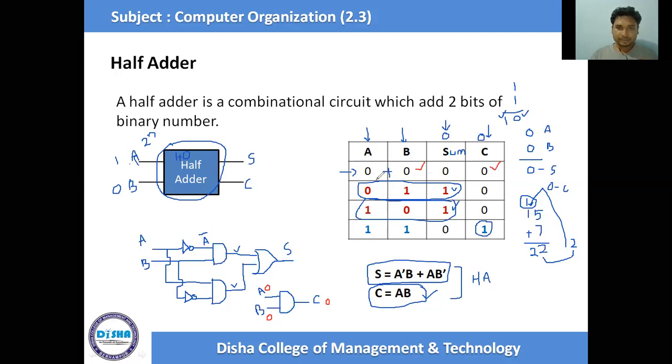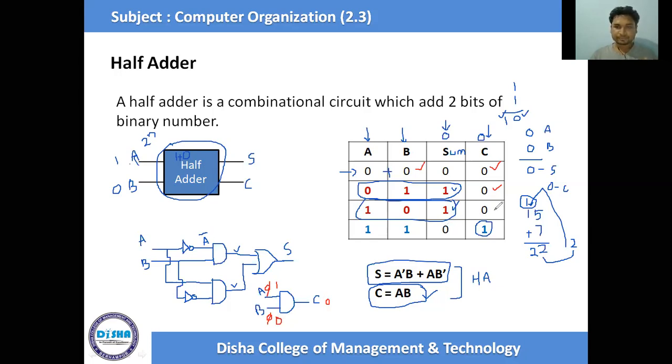When I say A is 0 and B is 1, instead of this 0 I can write 1 here. Still I am getting 0, because in an AND gate, if any one terminal is 0, then the output is 0. For this sequence, A is 1 and B is 0. Still I'm getting 0.